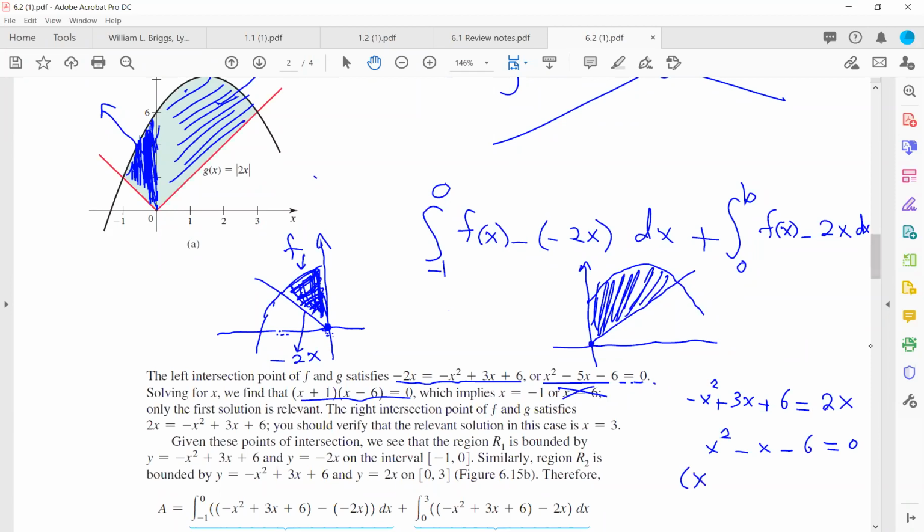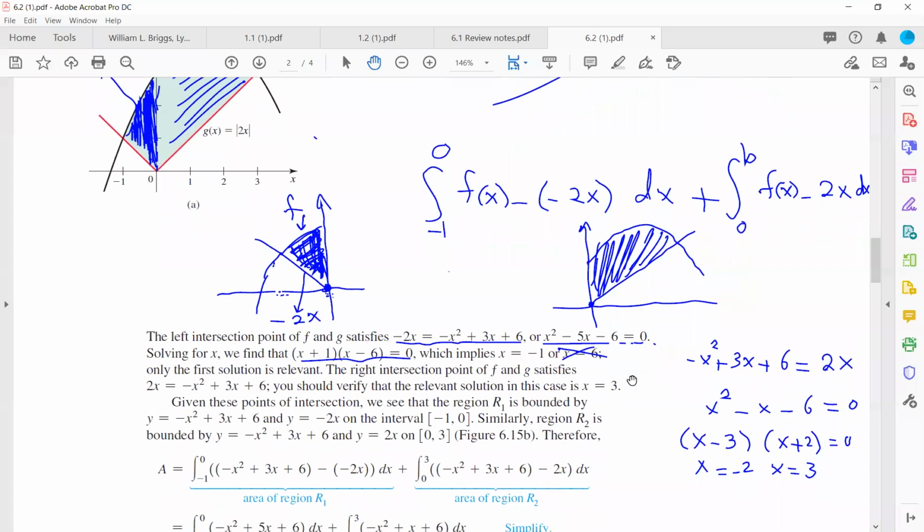You're looking for two numbers whose product is negative 6 and whose sum is negative 1. So x can be negative 2 or x can be positive 3. Of course, you cannot accept negative 2 because this piece is on the right-hand side of the y-axis. x cannot be negative. So your upper bound is 3.